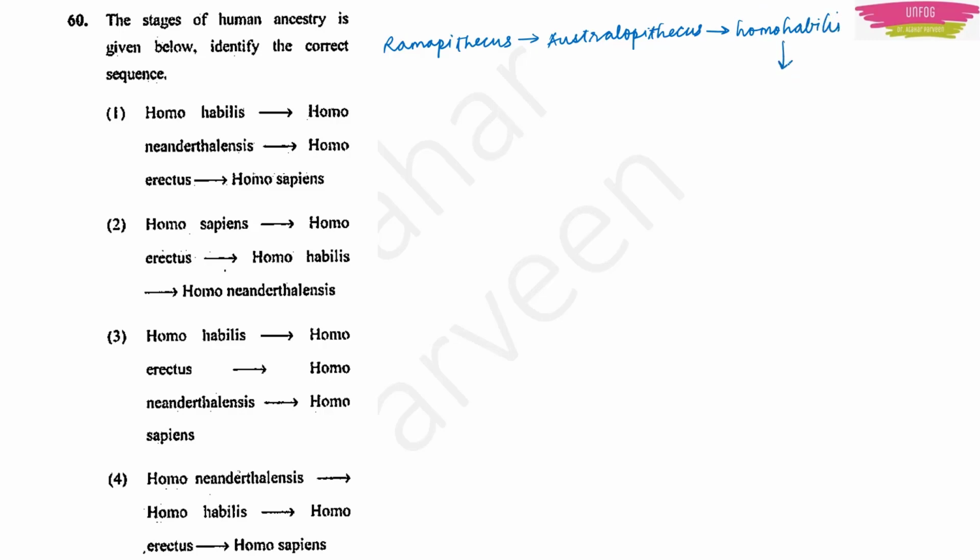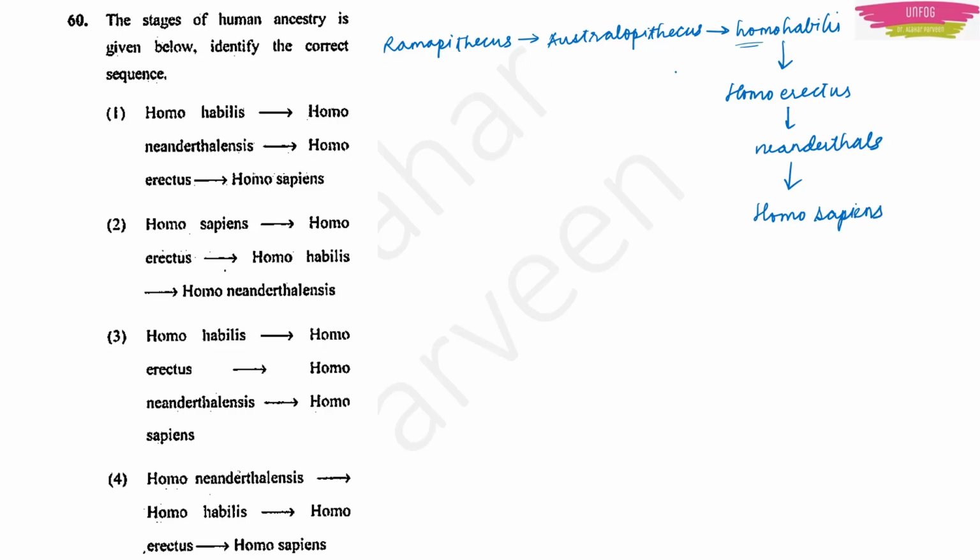After Homo habilis, we have Homo erectus. And after Homo erectus, we have Neanderthals. And after Neanderthals, we have the Homo sapiens or the modern day man.